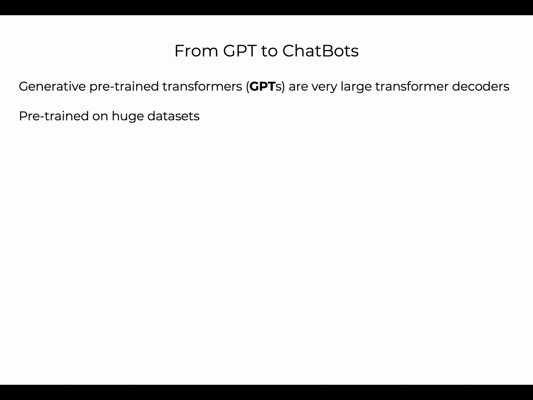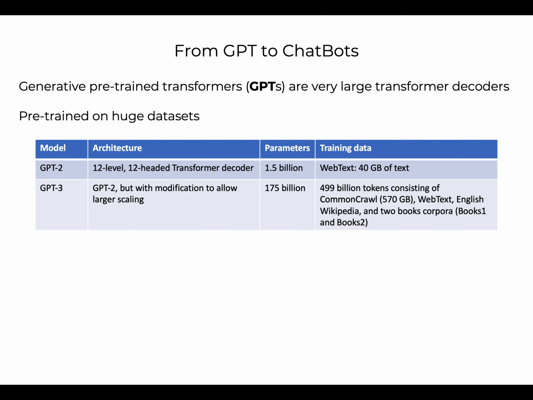So we saw in the second example there a transformer decoder, and if you've heard of GPT, which stands for Generative Pre-trained Transformers, that's exactly what a GPT is. It's just a very, very large transformer decoder, and they're pre-trained on huge data sets of English text. So let's look at the scale of these models.